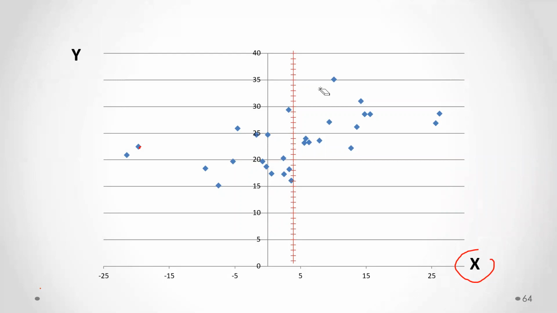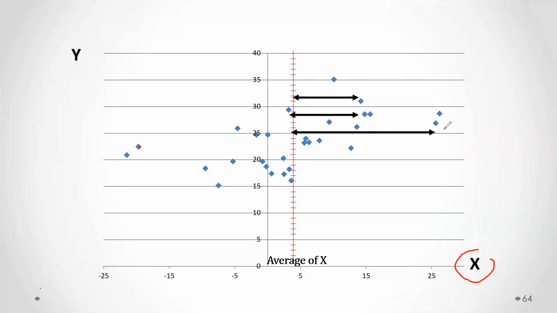So as you can see, for the point on the right-hand side of the red line, so the red line is the average, for the point which was on the right-hand side of this red line, that means that for those points, the x variable is larger than its average, right?